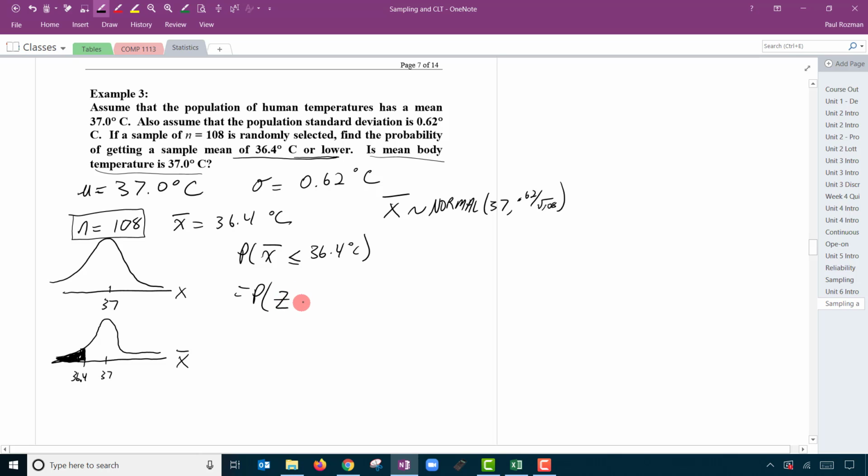Let's calculate the z-score for this thing. 36.4 minus 37 over 0.62. Don't forget to divide by the square root of n.